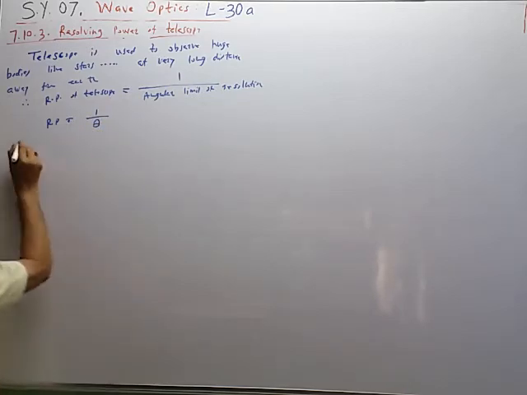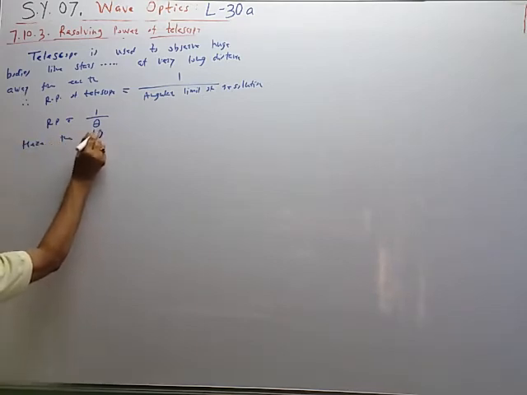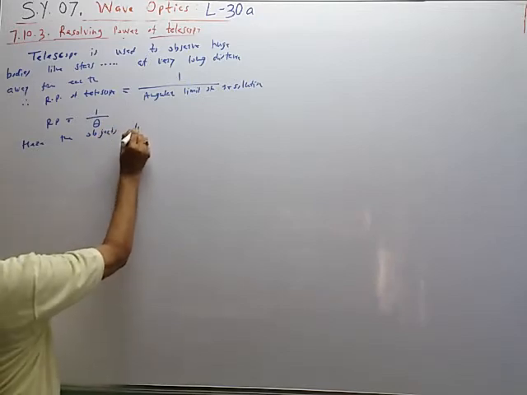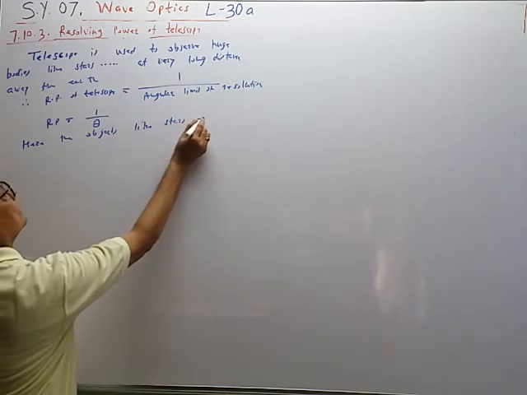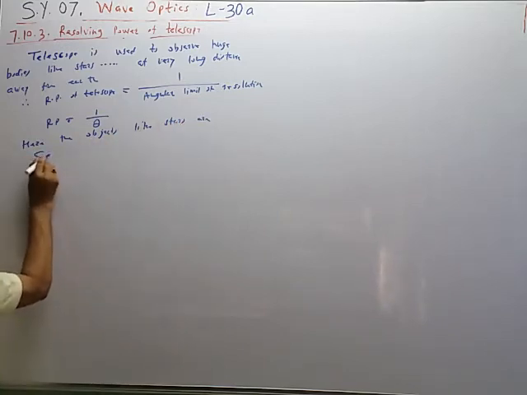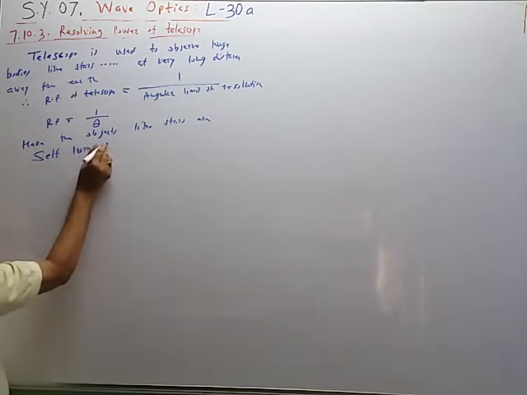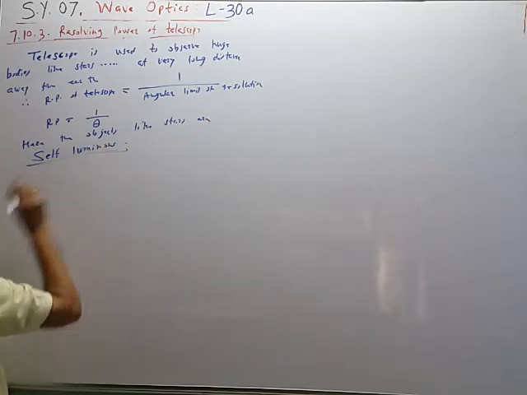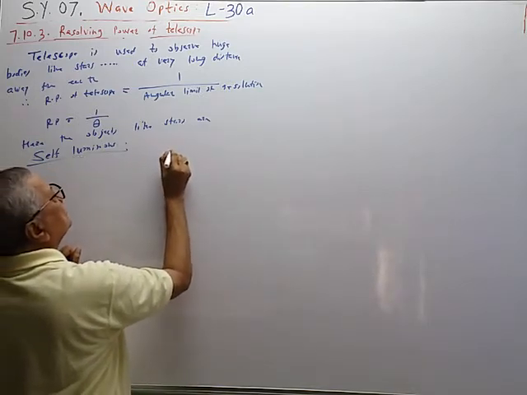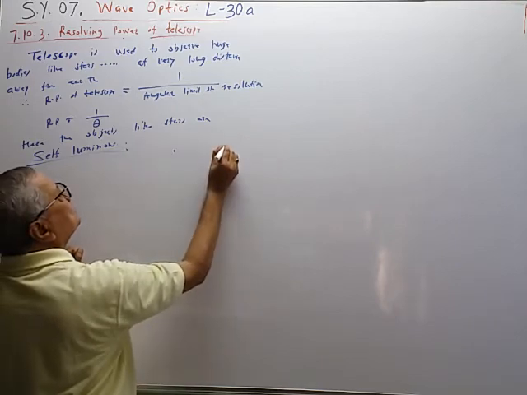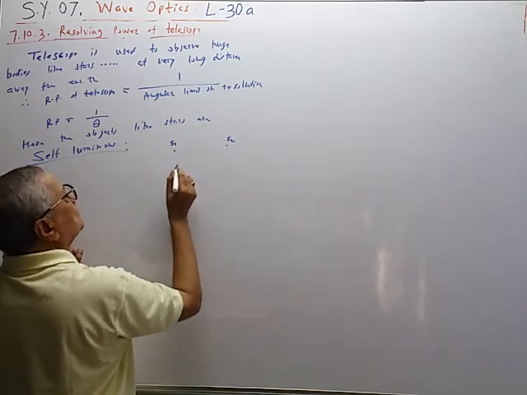Now what is this theta? Here the objects like stars are self-luminous. So let us see how this theta is given. These are the two stars S1 and S2.